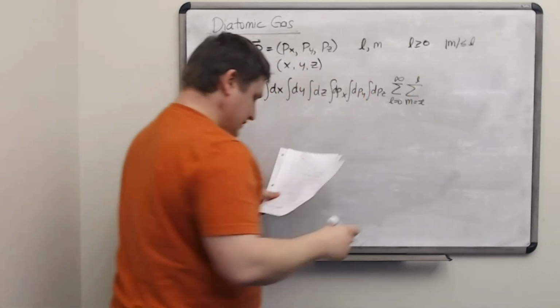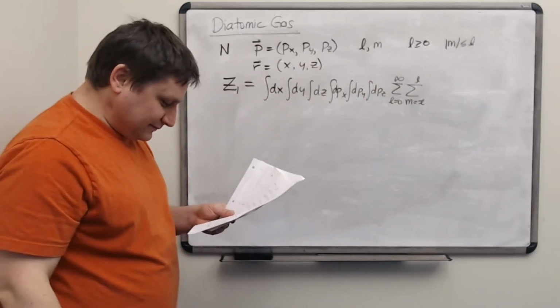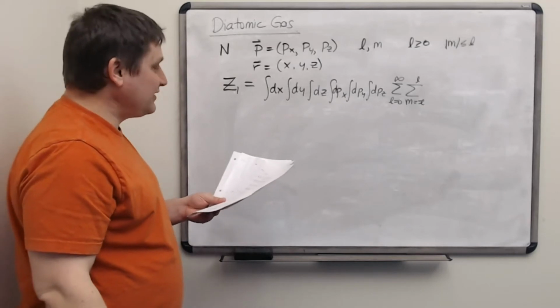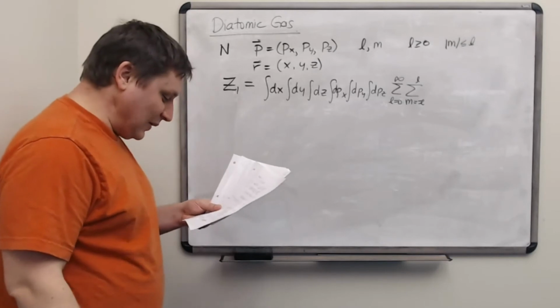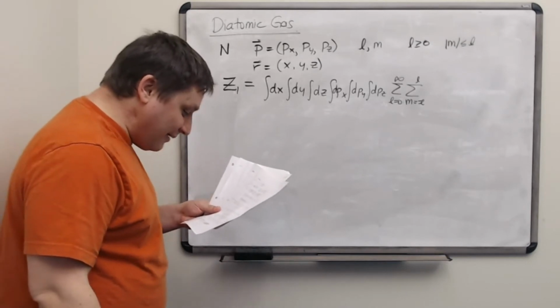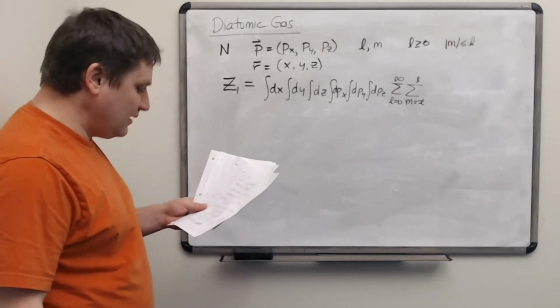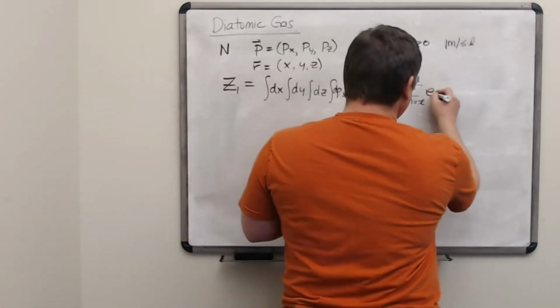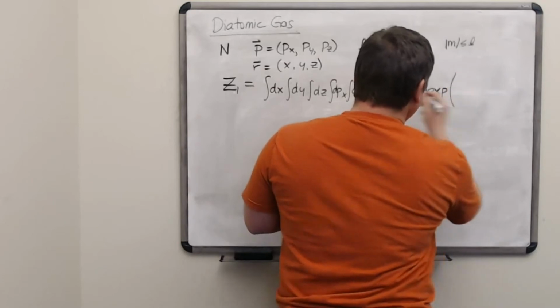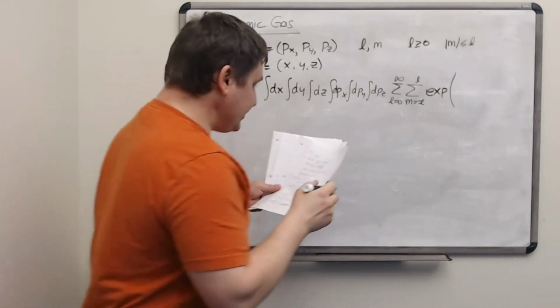Kind of the activity of the day with partition functions is having really long sums, or a large number of sums. All right, and the thing that goes into the summand is the exponential of the energy over kT.